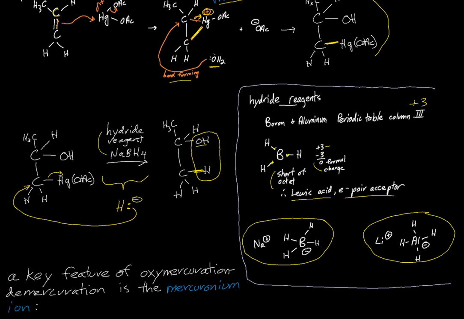The delivery of the hydride comes from any one of these hydrogens on the boron in the same way that you see on the left. And same with aluminum hydride. So we have sodium borohydride, and aluminum borohydride. Lithium aluminum borohydride.